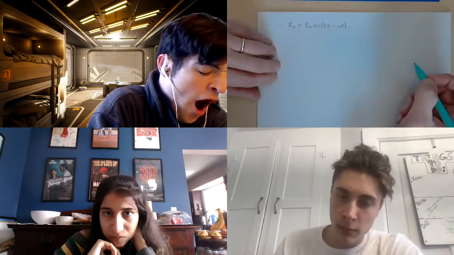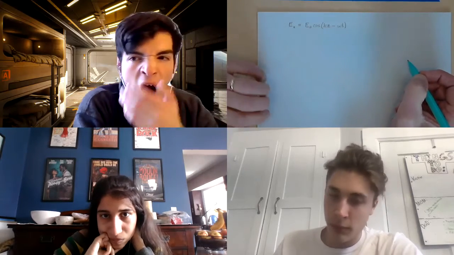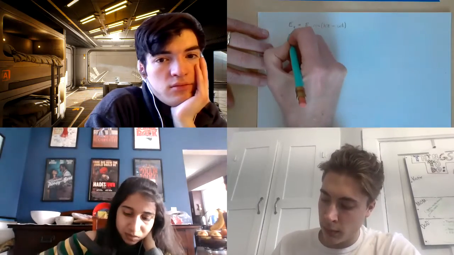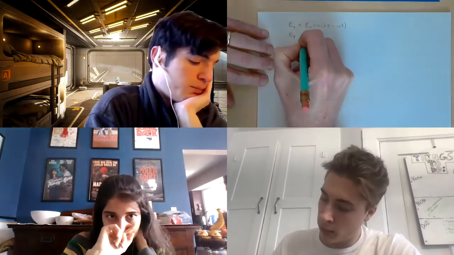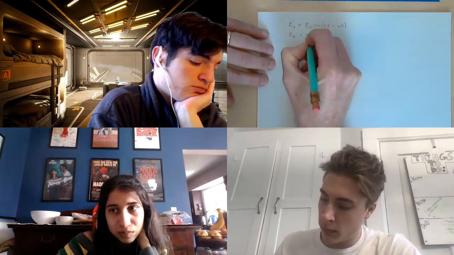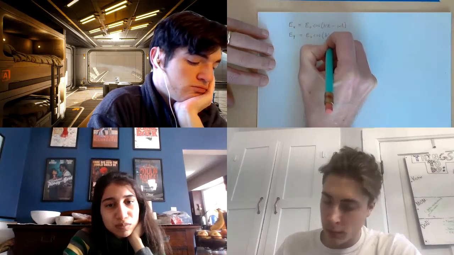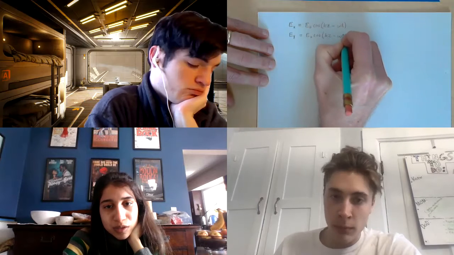That should be familiar to you as a typical way we write for a wave, but that's just the X component, and then the Y component would be something similar, except we'll put in a phase factor.